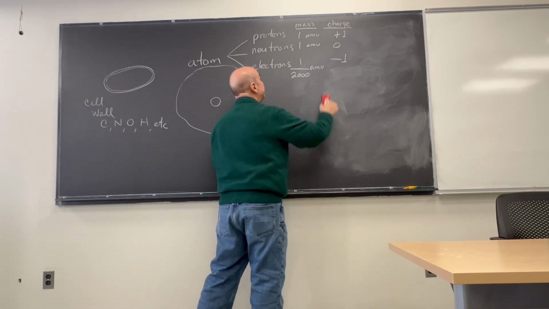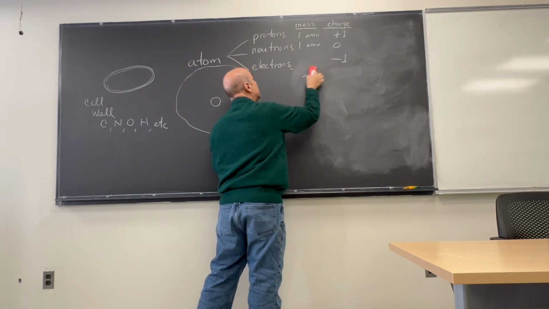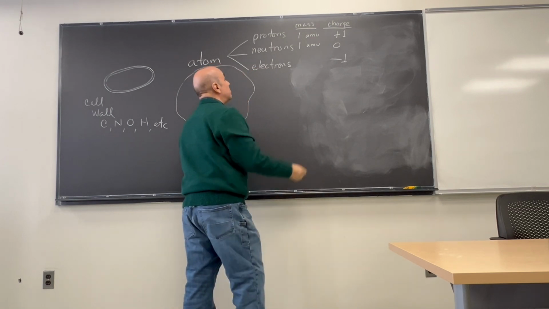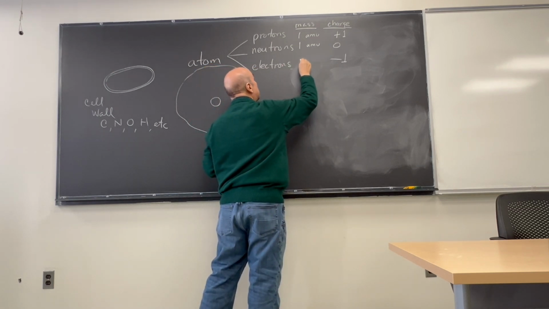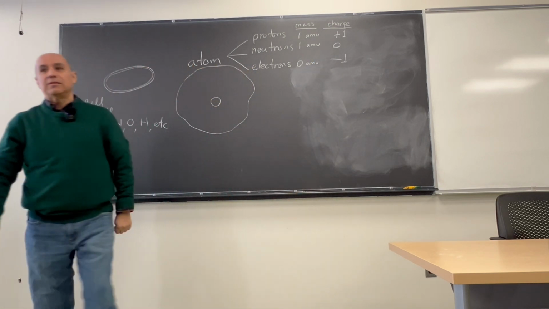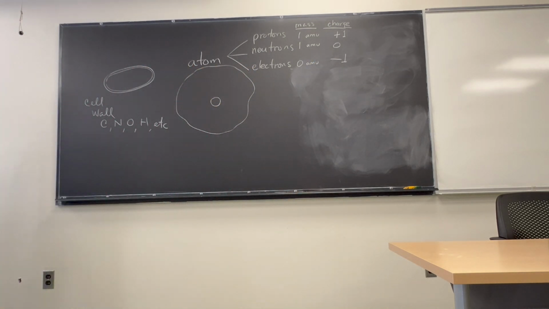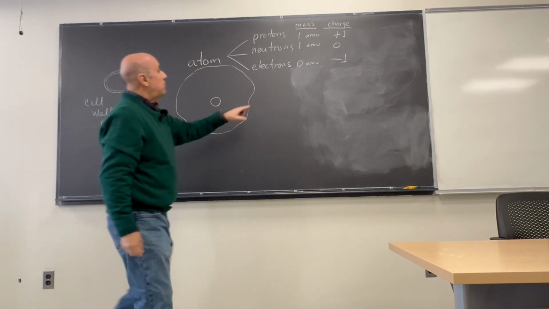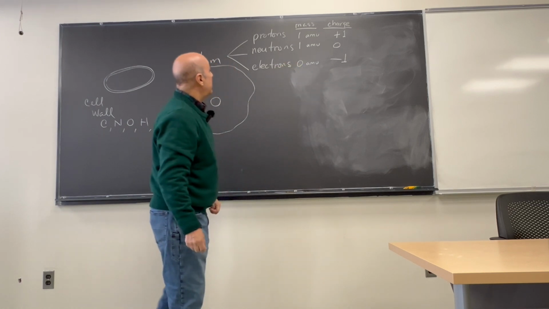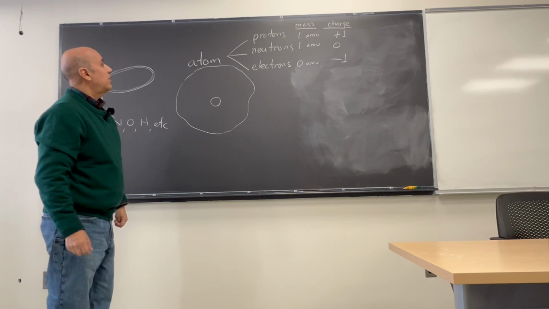Well, to make things very easy and straightforward, because we don't need to know much more than that, we're going to imagine that the electron has no mass. That's really not true. You know that it's 1/2000th of a proton, 1/2000th of a neutron. But to make our math and our calculations easier, we're just going to say they weigh basically nothing. We're going to neglect it.